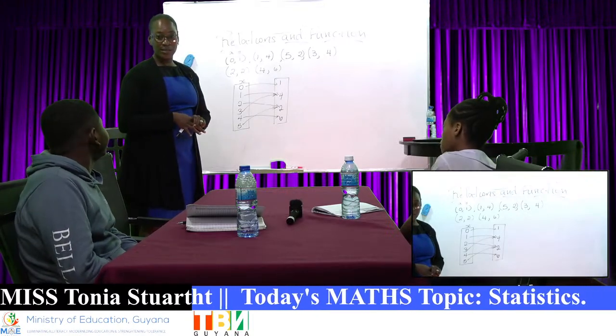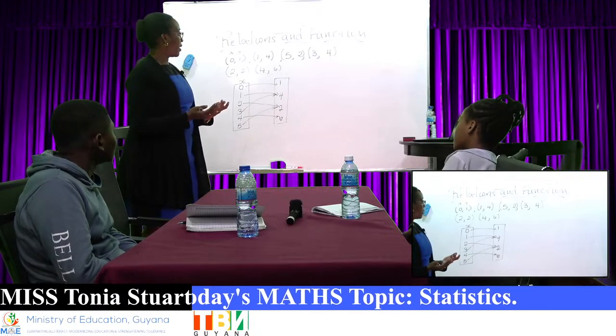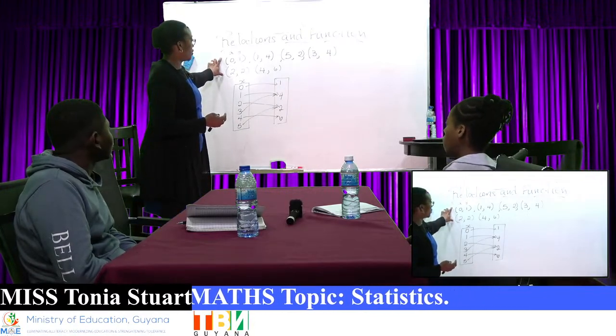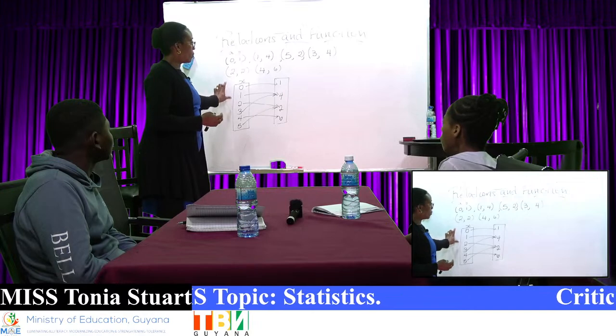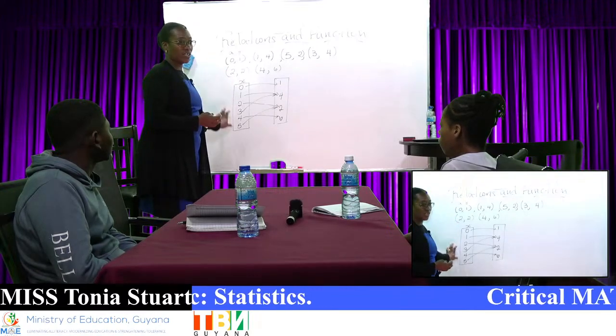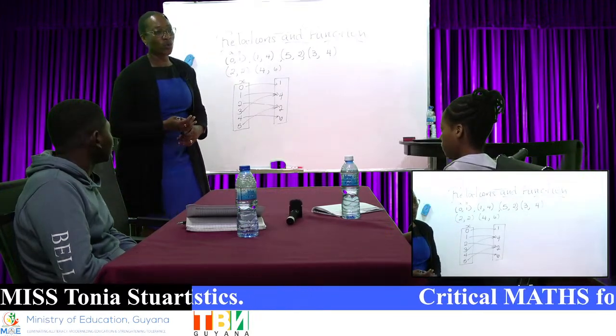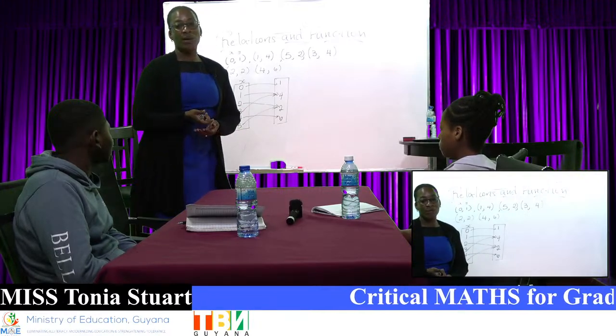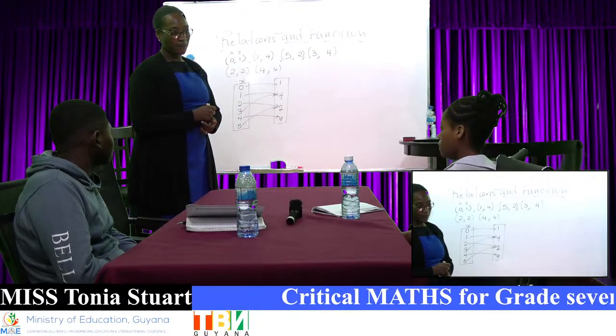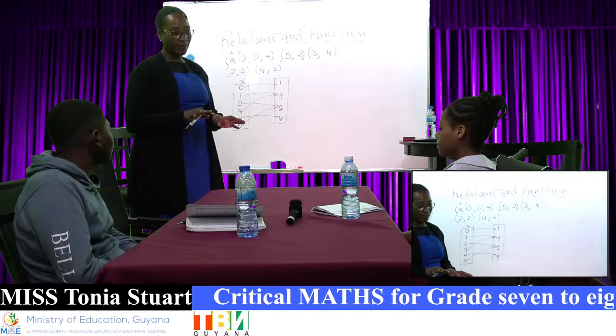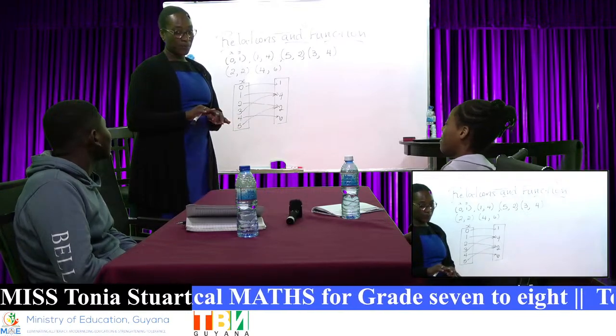And it depends on what comes out of your relation to create your function for you to even know what type of mapping it is. Think you understand that? Yes, miss.